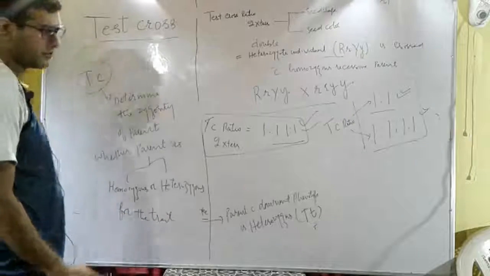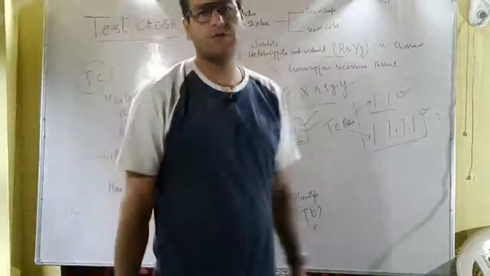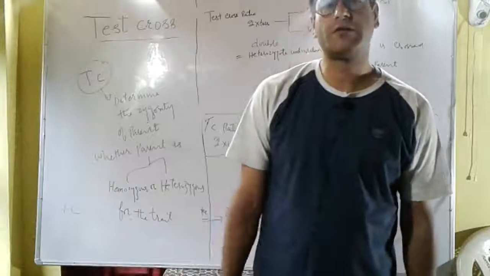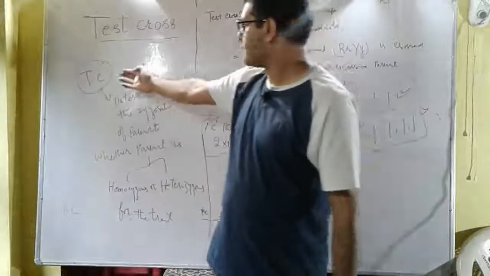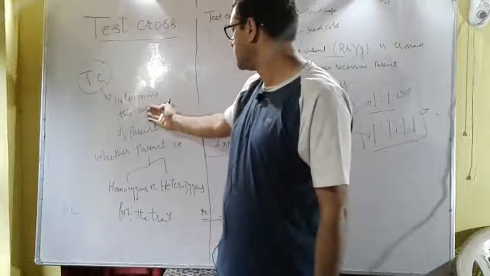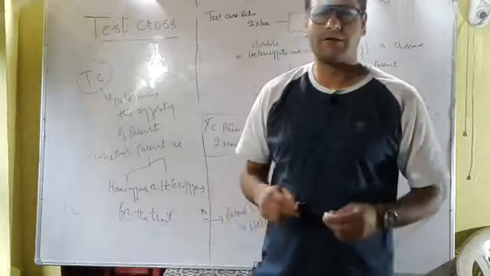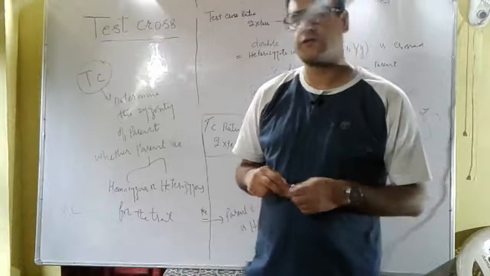In test cross, the individual with dominant phenotype is crossed with a homozygous recessive individual, and test cross determines the zygosity of the parent, that is whether the parent is homozygous or heterozygous for the trait.